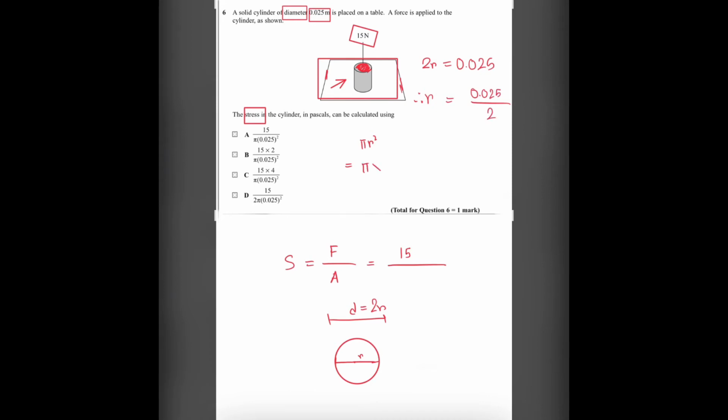So the area would be pi into 0.025 by 2 squared, which is pi into 0.025 squared by 4. So the area is pi into 0.025 squared by 4, which gives 15 into 4 divided by pi into 0.025.